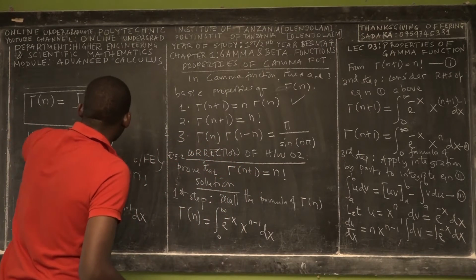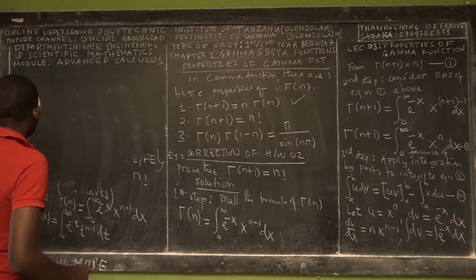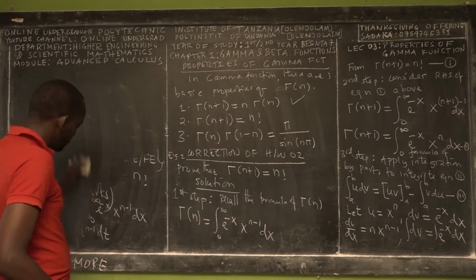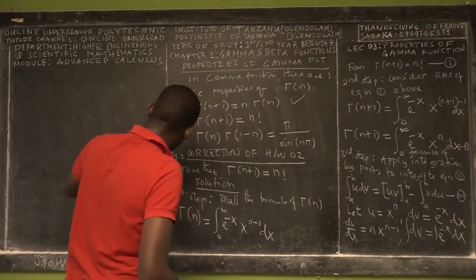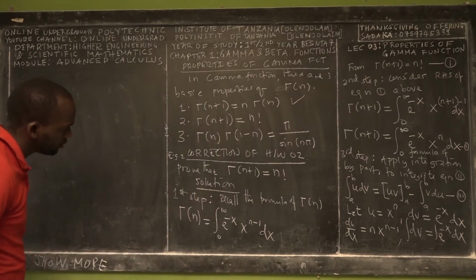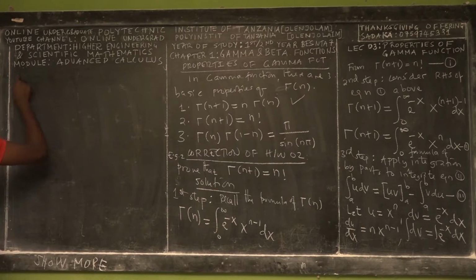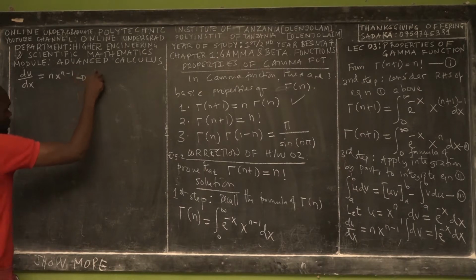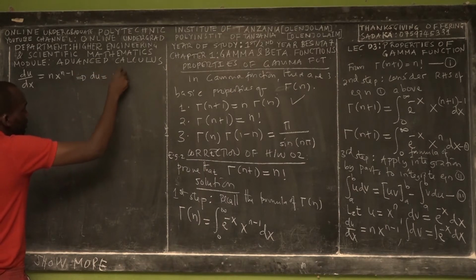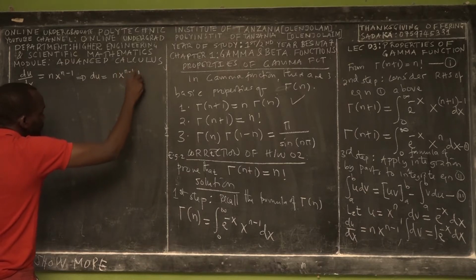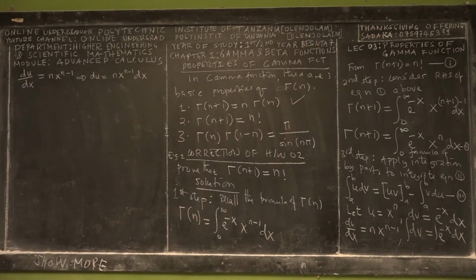We did this if you refer to lecture 2, we did this first step. It's just a revision of what I taught you in the proof of the first property. On the left, we have du/dx equal to n x to the power n minus 1. This implies du is equal to n x to the power n minus 1 dx.